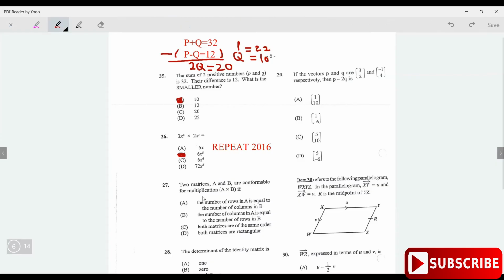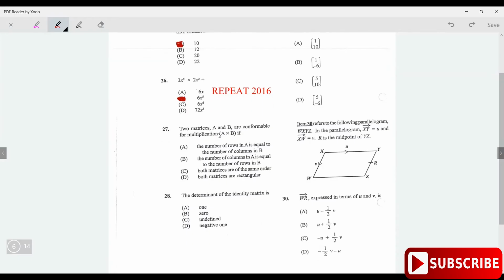Now it says two matrices A and B are conformable for multiplication if, now this is what I always write down. If I have some matrix A that is M by N, and I have some matrix B, B has to be an N by something else, maybe P. So I note that the number of columns of the first matrix must be equal to the number of rows of the second.